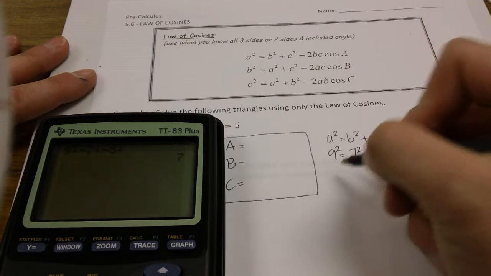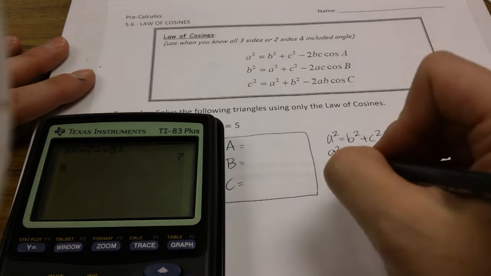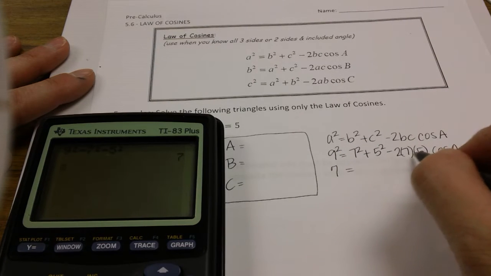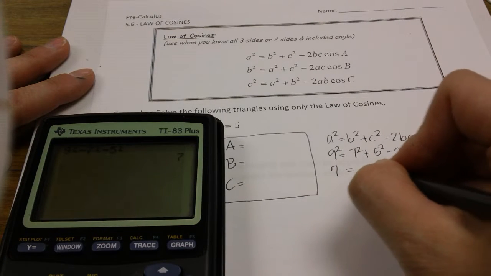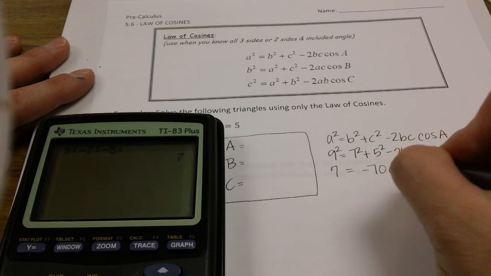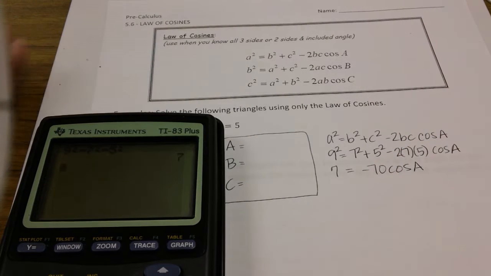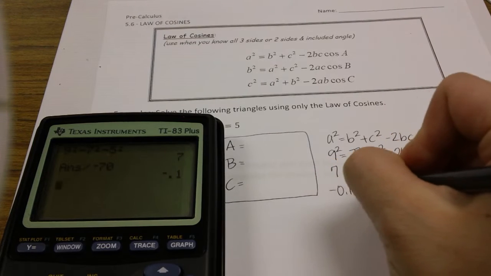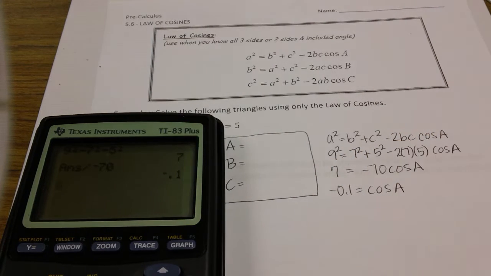So I get 7 because we want to eventually solve for the cosine of A. Equals, and then negative 2 times 7 times 5 is negative 70. Alright, from there we're just going to divide by negative 70. So we get negative 0.1 equals the cosine of A. Now to find A, we're just going to do the inverse cosine.